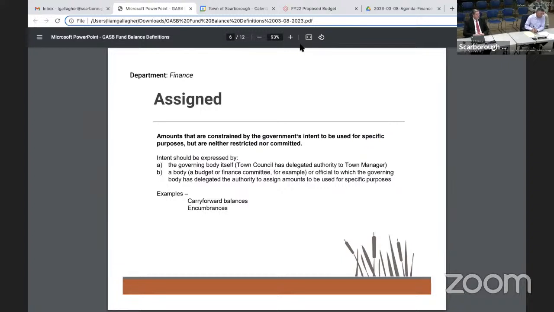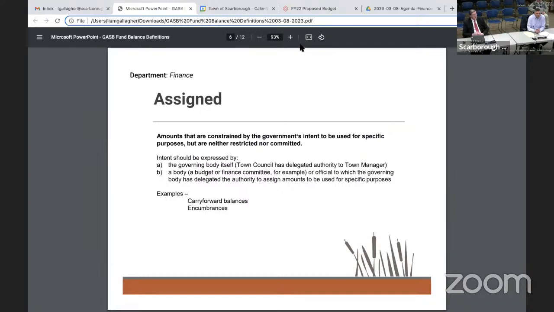You express that purpose, the governing body, and in our instance, you, the town council, have delegated that authority to the town manager to assign various fund balances. Or a body such as a budget or finance committee or official can be designated the authority to assign those for specific purposes.